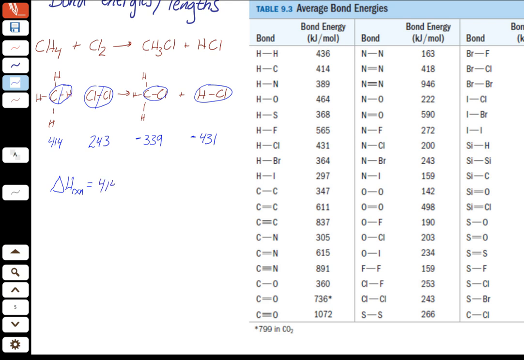So 414 plus 243 minus 339 minus 431. And if you do that calculation, you get minus 113 kilojoules. So if you do a mole of this reaction, you will give off 113 kilojoules of energy based on the bonds that are broken and formed.